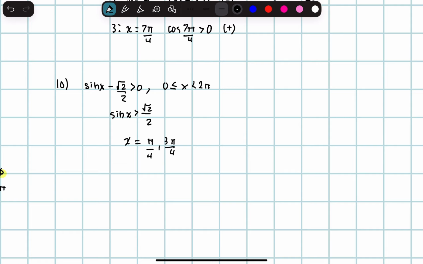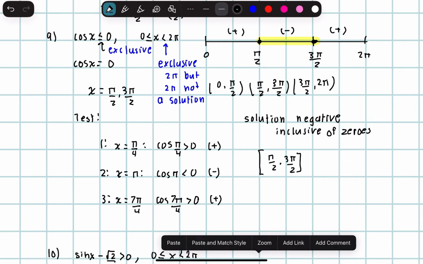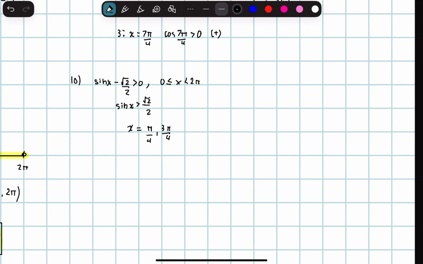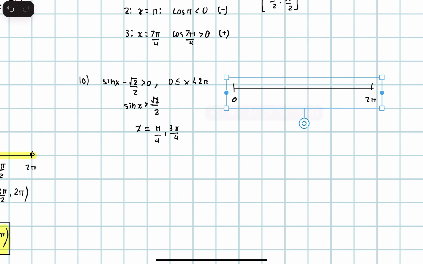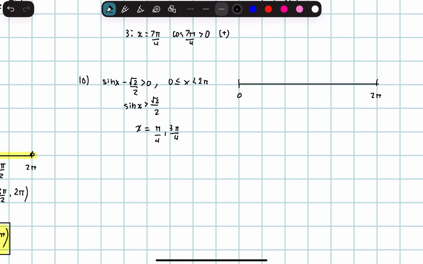So now we can label our intervals. We have the intervals 0 to pi over 4, pi over 4 to 3 pi over 4, and then 3 pi over 4 to 2 pi.